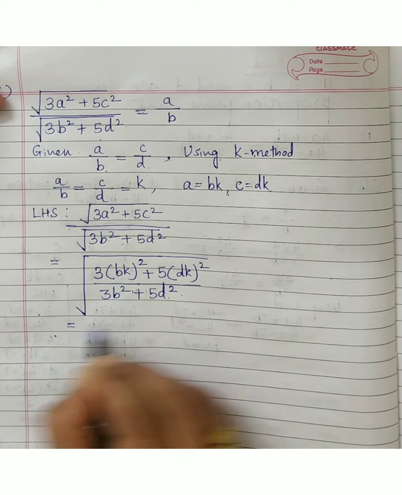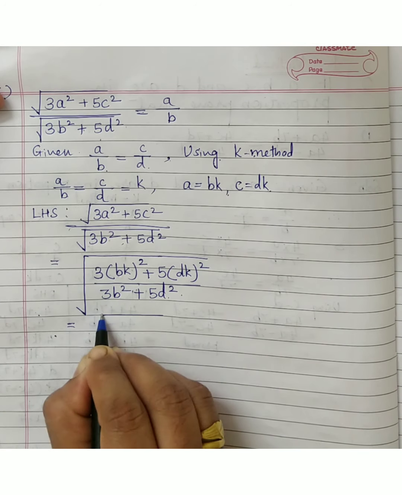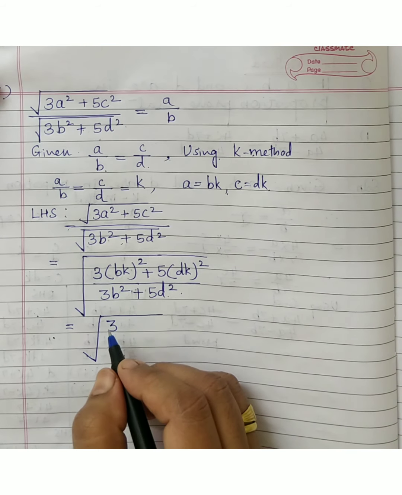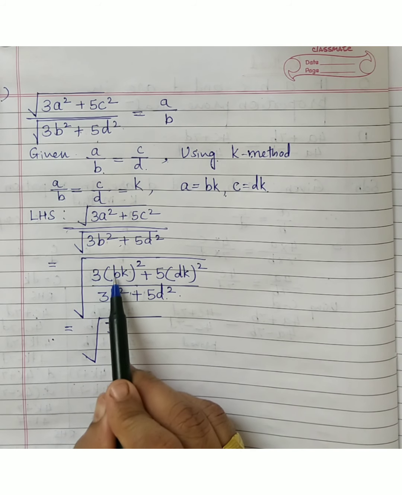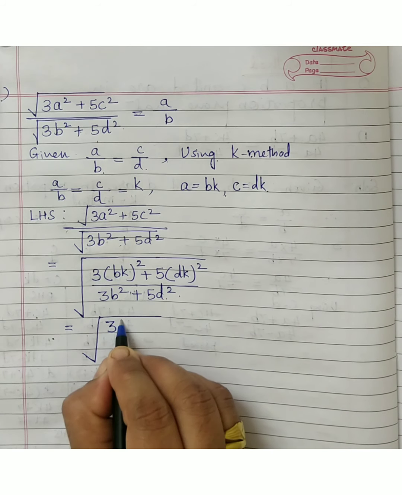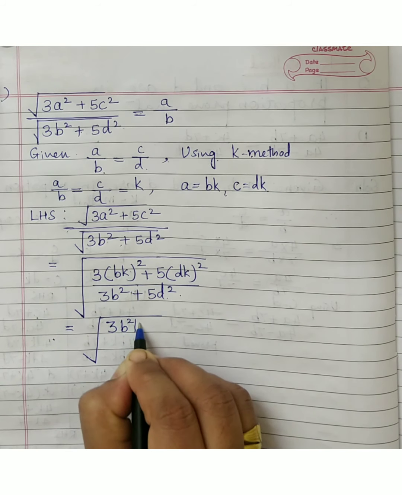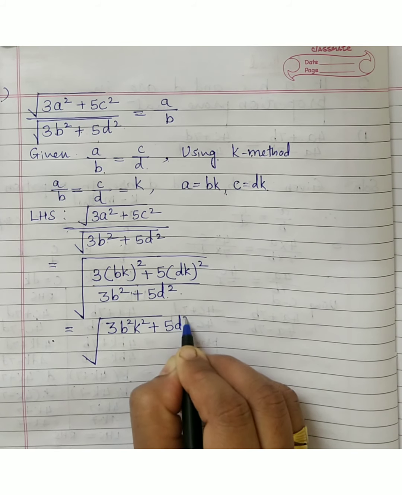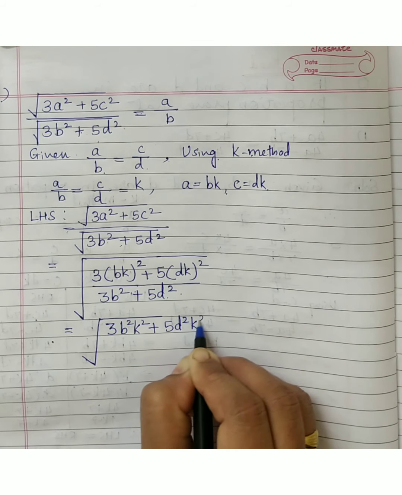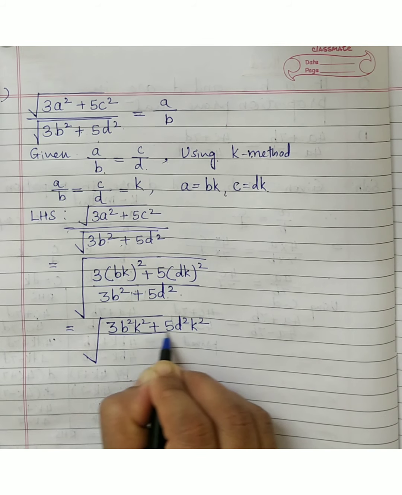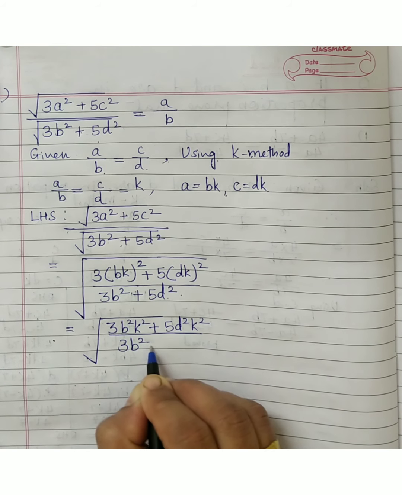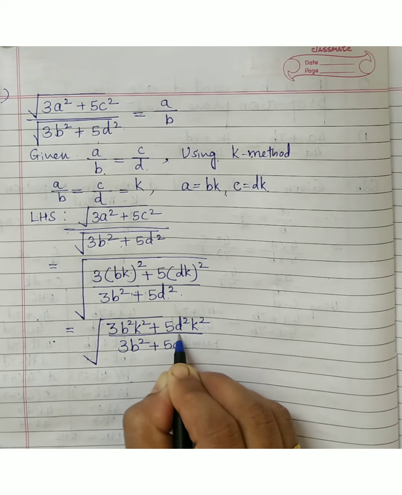Now whole under square root. 3 will be squared over? No, 3 is outside the bracket. So b square k square. What do I write here? 3b square k square plus 5d square k square upon the denominator, which remains as it is, 3b square plus 5d square.